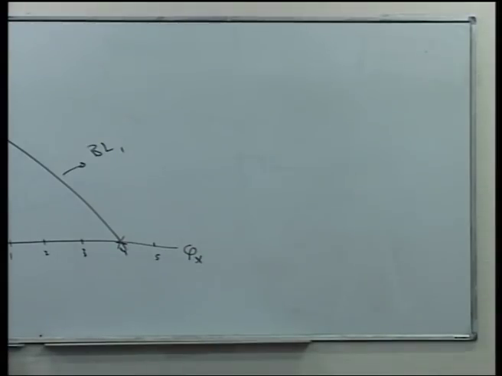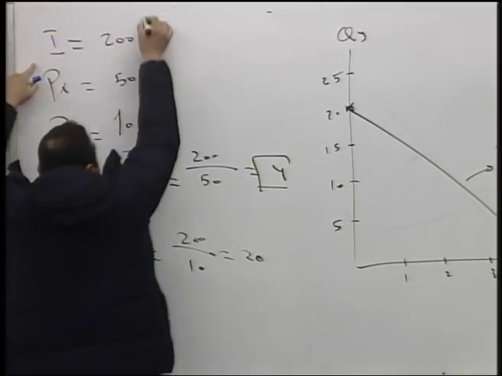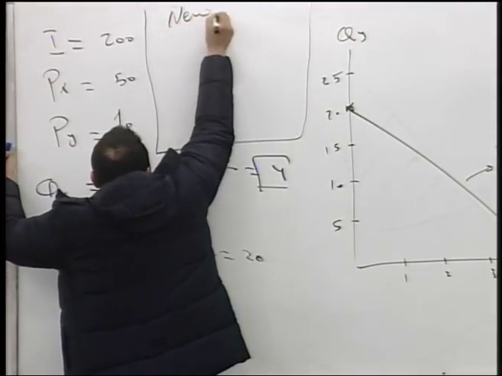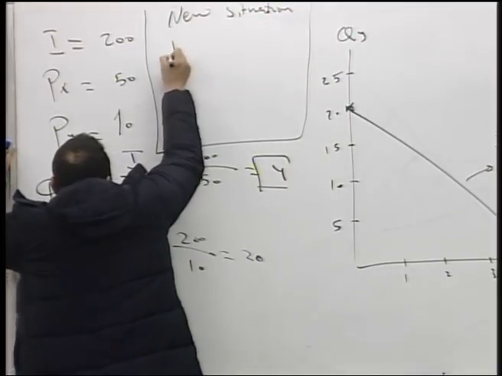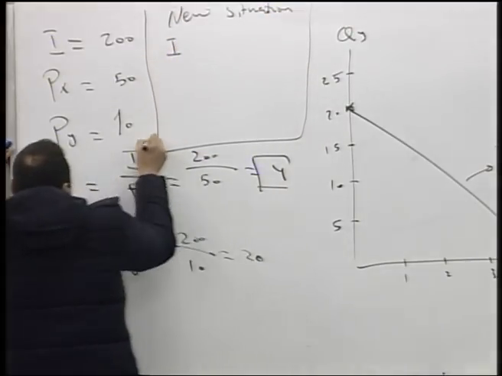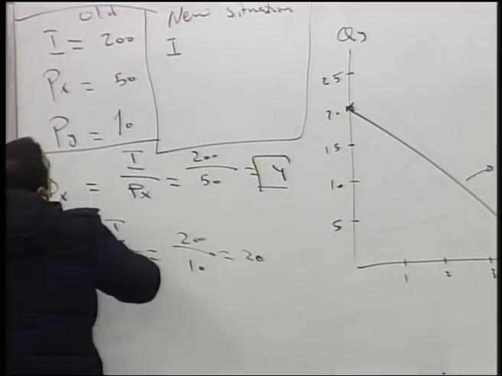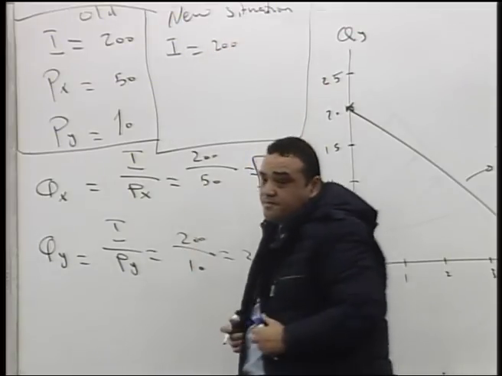Now, here we're talking about a new situation. The consumer's income remains constant at 200.